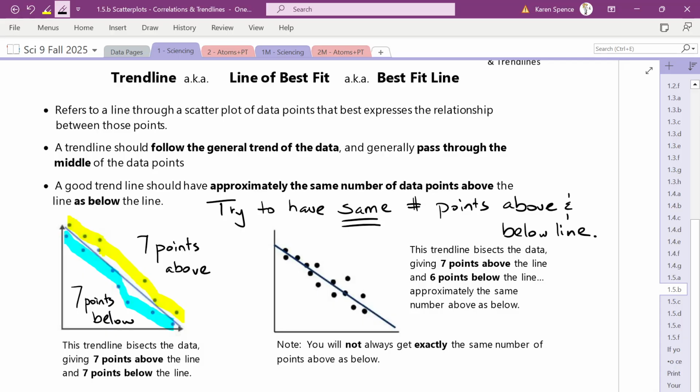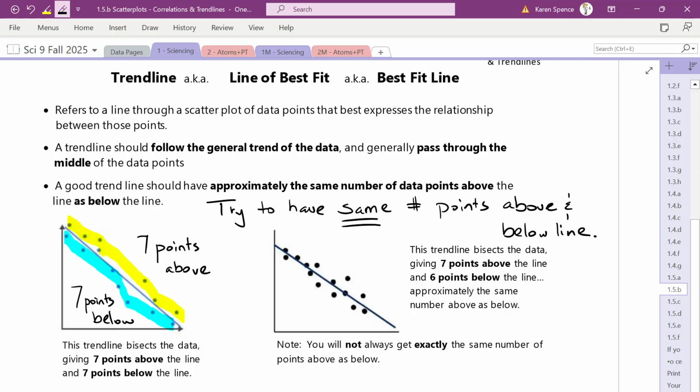You may not always succeed in being exactly the same. The second one has 7 points above and 6 points below. Is that close enough? Yeah. Okay, you don't have to be perfect.